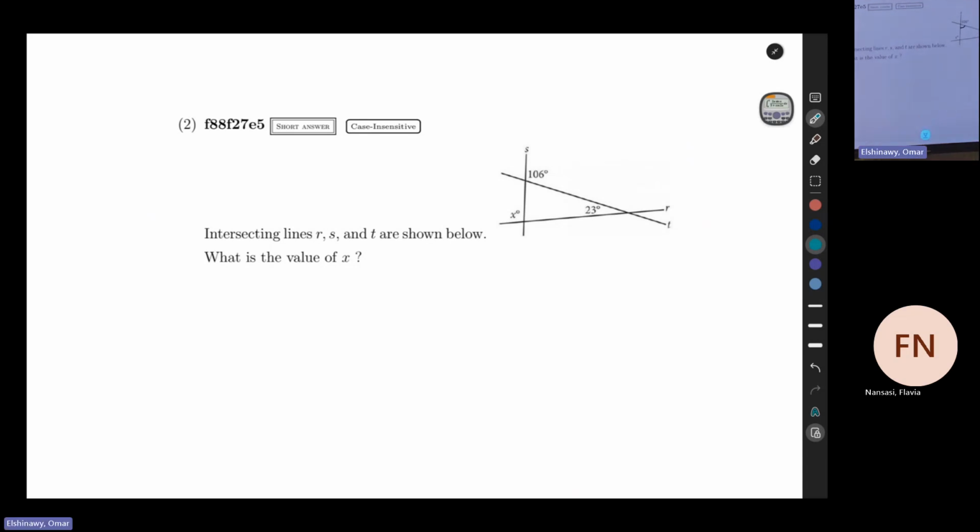Maybe erase again. There you go. Say y is 180 minus 106, which is 74. Yeah, so you're using the fact that this is a line and there's a line that intersects it. So you take away 106 from 180, you get 74.